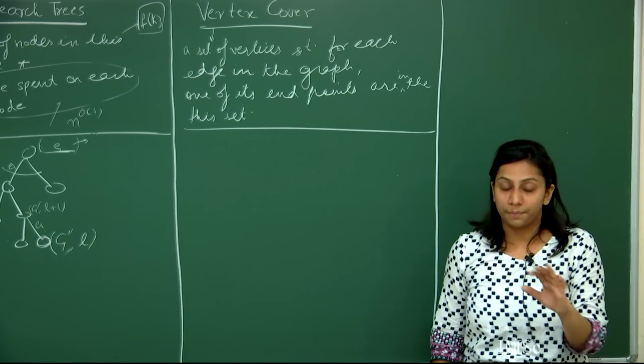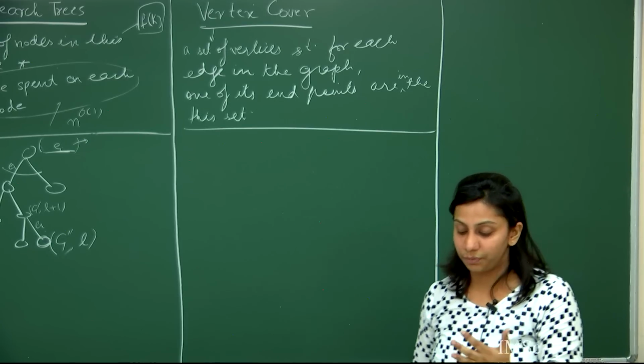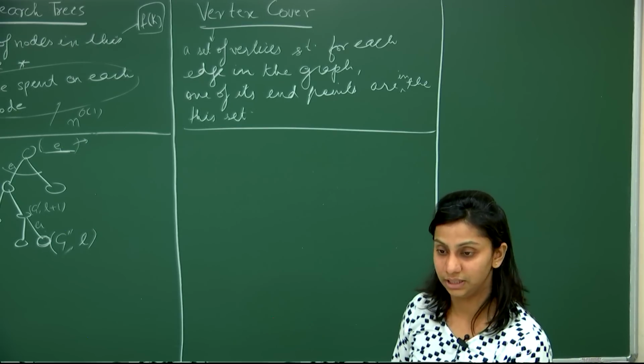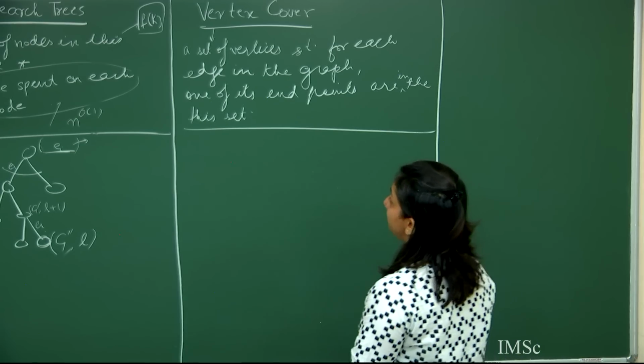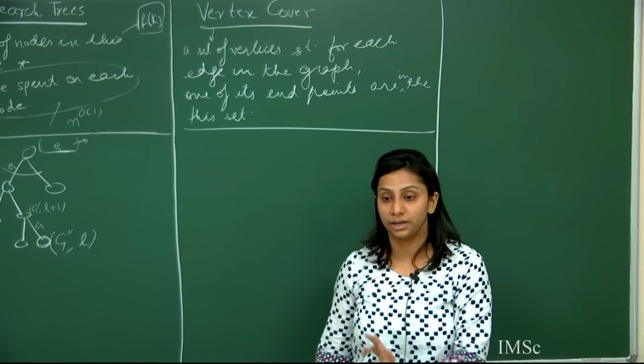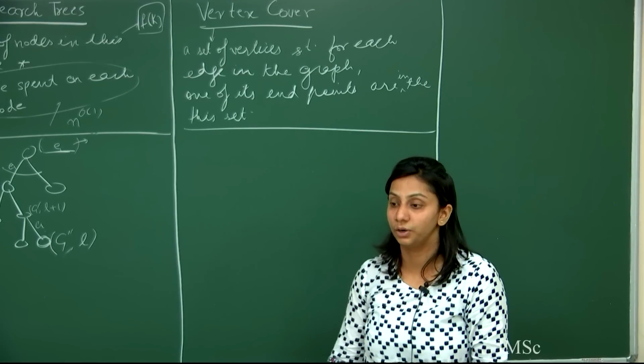Now our parameterized problem is that, given a graph G and an integer k, we're interested in finding whether the graph G has a vertex cover of size at most k or not. And I want to do it in f of k times poly n time.